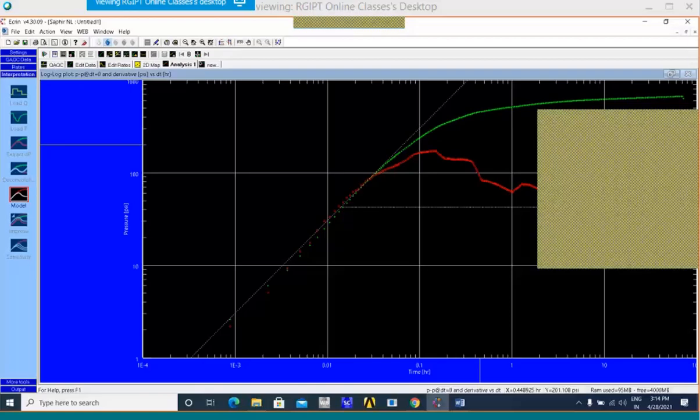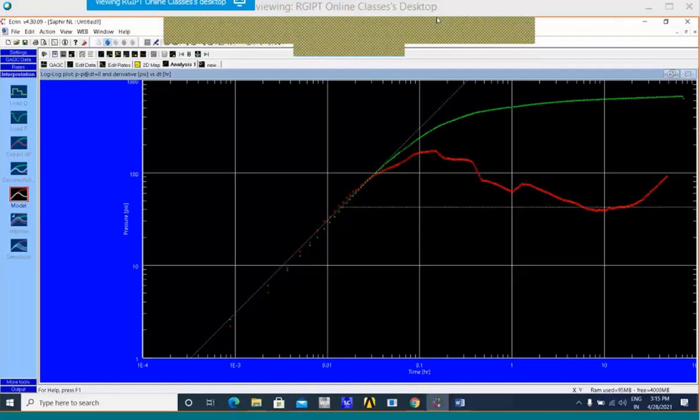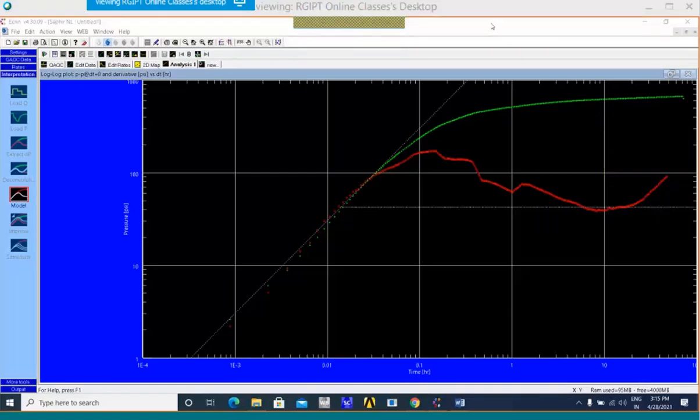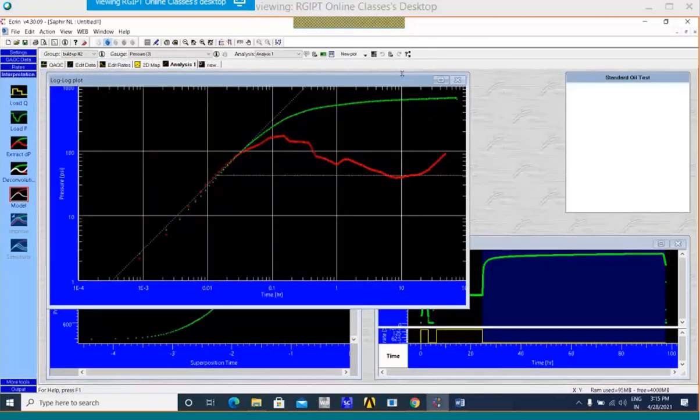Is that visible to everyone? Okay. So let us see what could be the interpretation of this pressure derivative curve.